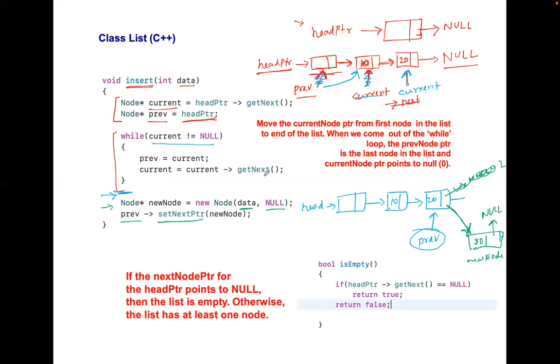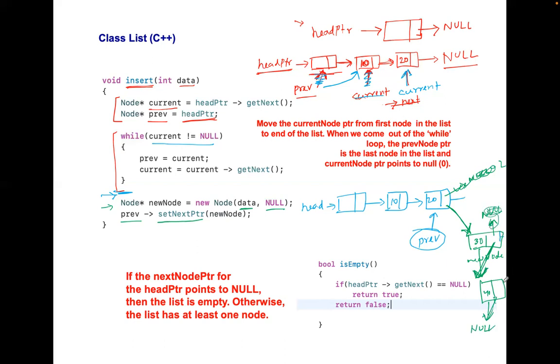Now if you insert another value, it is going to do the same process again. Start from here, come to this node, this will now be our previous node, and we initialize another node with a new value. Now 30 will point to this one, and 40 will point to null.